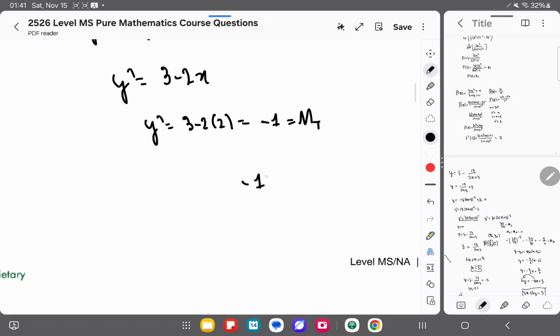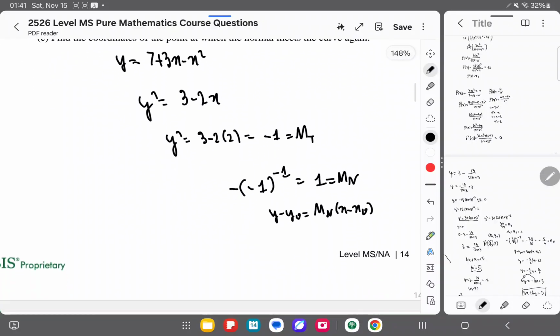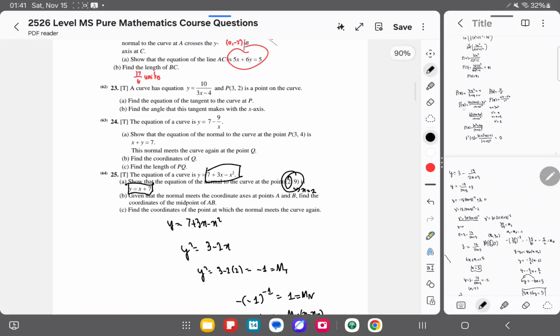We just do the negative reciprocal of minus 1, you get 1, which is equal to mn. You apply it into y minus y0 is equal to mn times x minus x0. The x0 and y0 are given to us right here. x0 is 2, y0 is 9, right?